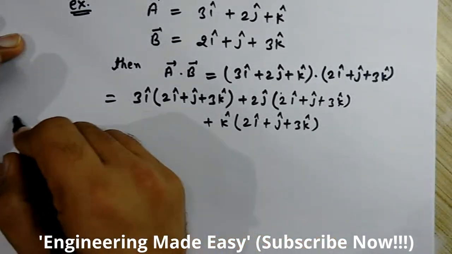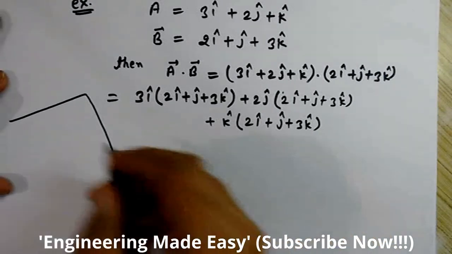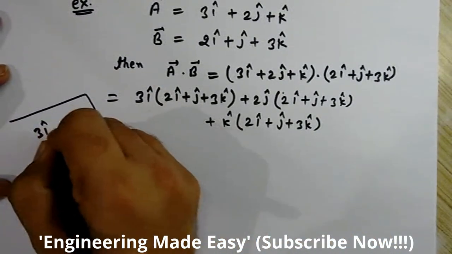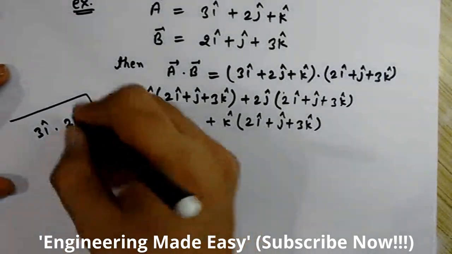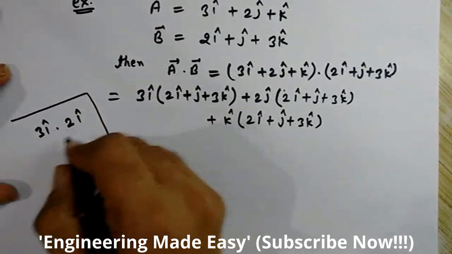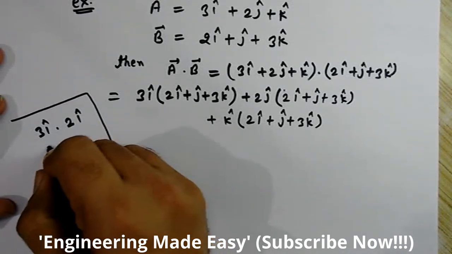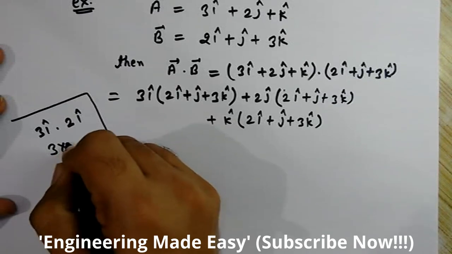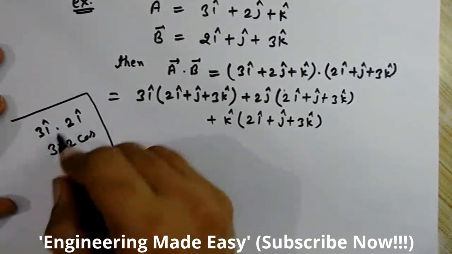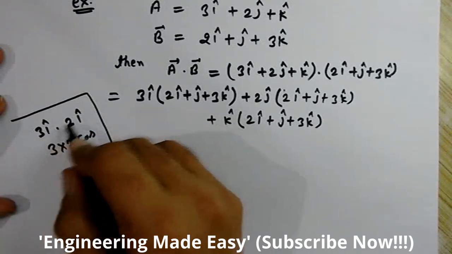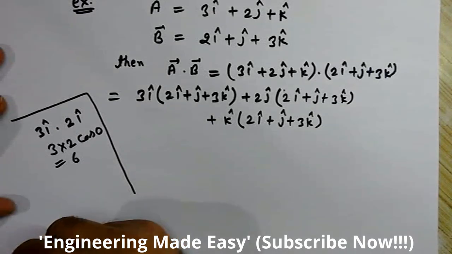Let me explain it separately here: 3i cap and 2i cap. This is just the dot product, so it is the magnitude of this vector into the magnitude of this vector and the cosine of the angle between these two vectors. Since these are along the x-axis i cap, the angle is 0, so it is simply 6.